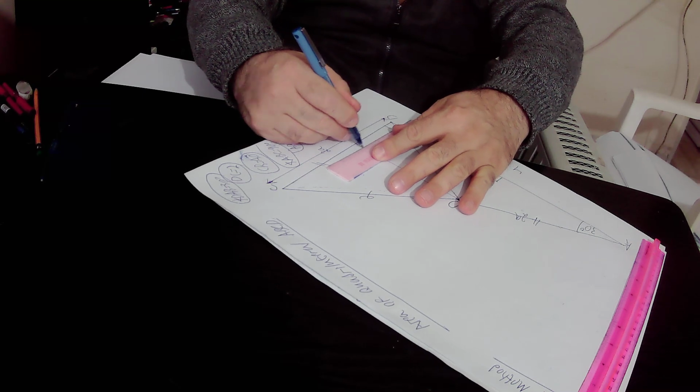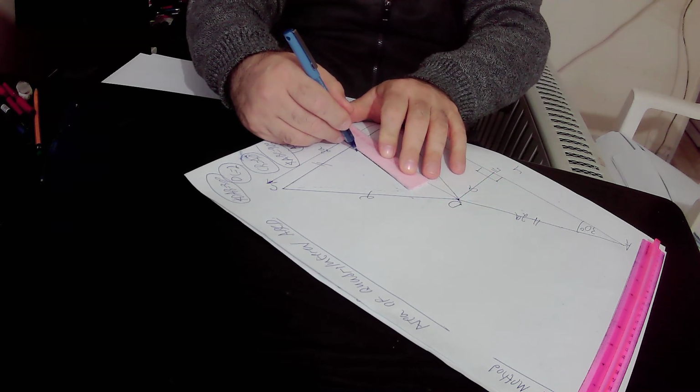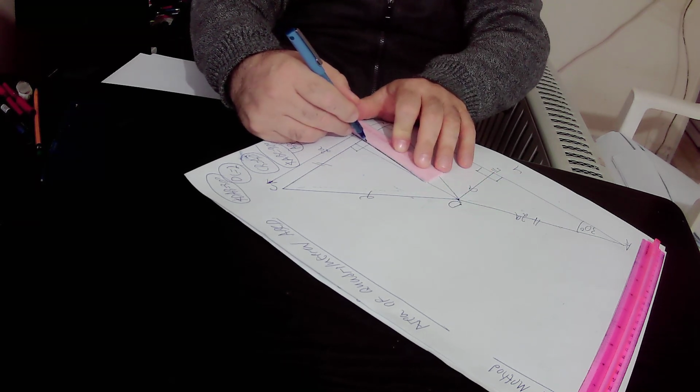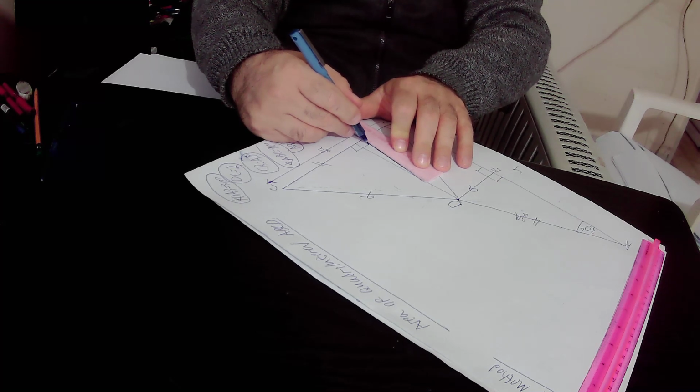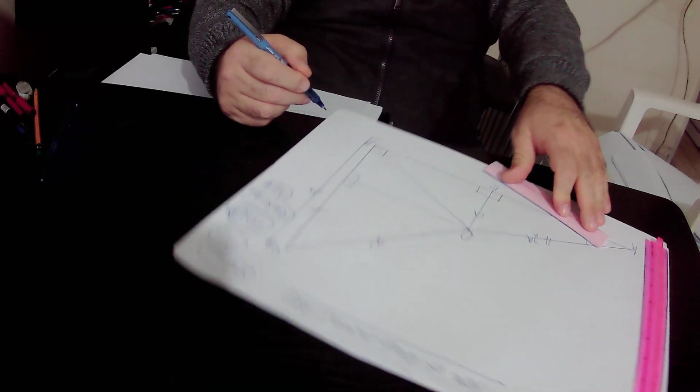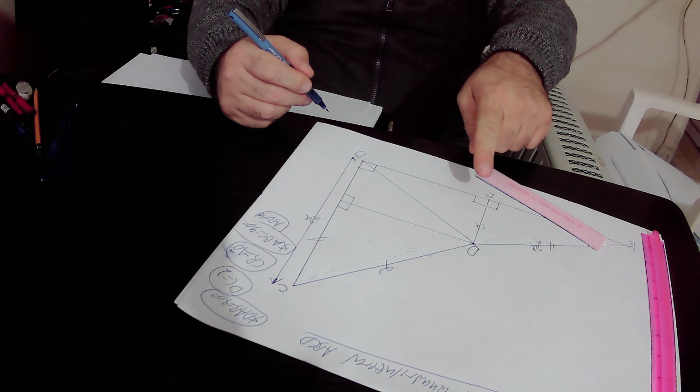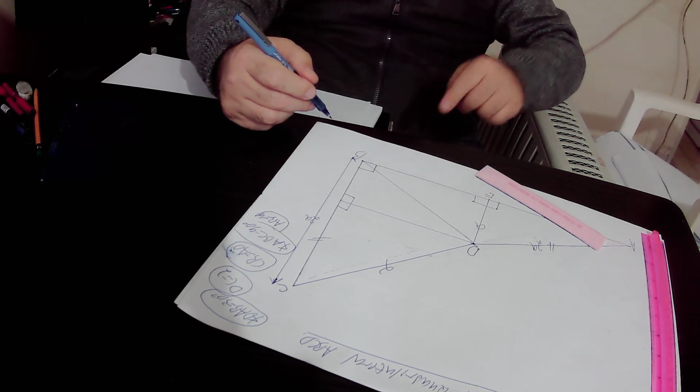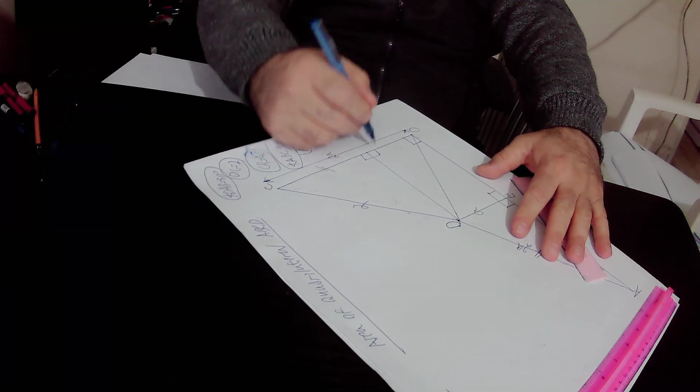So this angle is a right angle, it equals 90 degrees. And this angle is also a right angle, it equals 90 degrees. We will define the touching point between the perpendicular from point D to CB as point F.